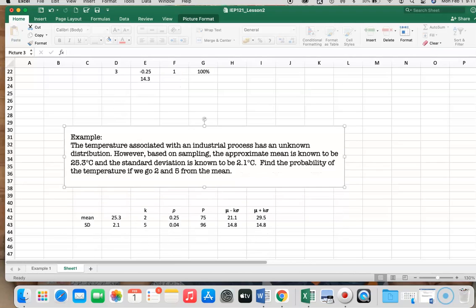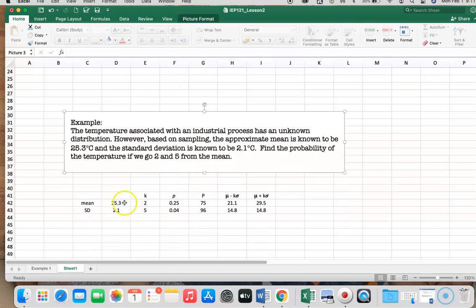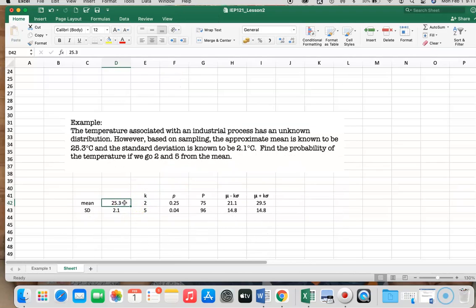So I prepared a table here. The mean is 25.3 and the standard deviation is 2.1. What if our k is 2 and our k is 5? I have computed that if k is 2, it is at most 25% or at least 75%.